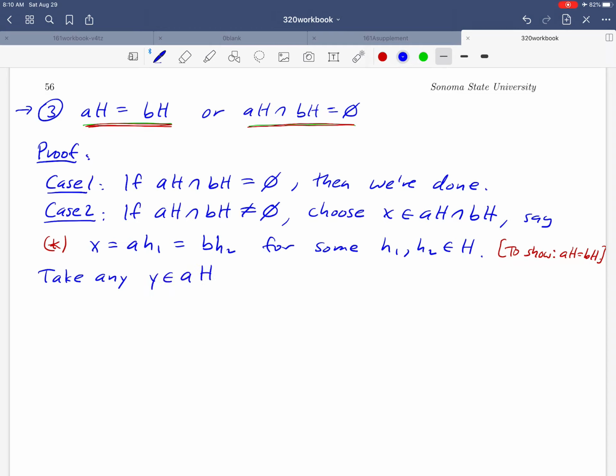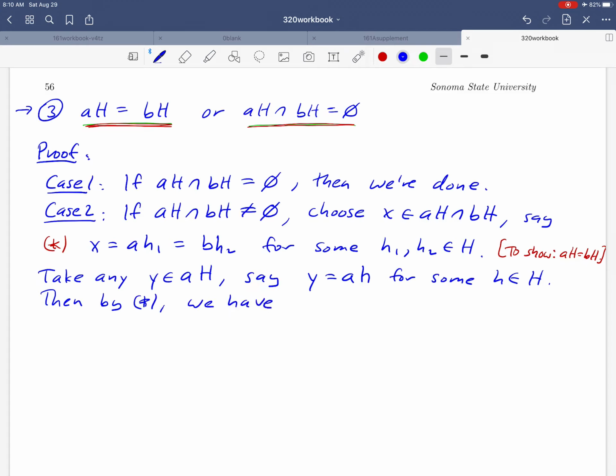So take any y in AH, the set on the left-hand side. Remember what that means again. Saying that y is in the coset AH just means that we can write y as A times some element h that's in our subgroup H. Then what we're going to do is to go back to equation star, and make a couple of observations here.